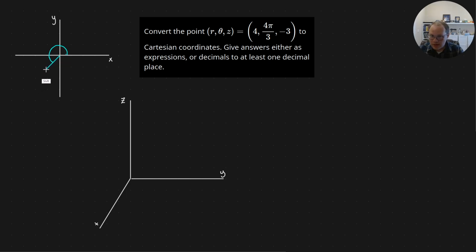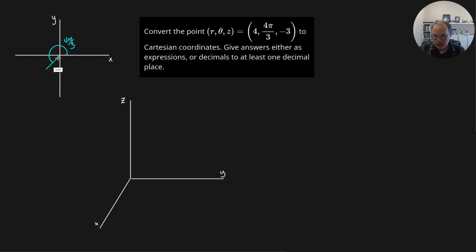Okay, this is the direction that I'm pointing in. So 4 pi over 3, write it over here. And how far do I go once I point in that direction? Pointing in that direction, we go 4 units out.